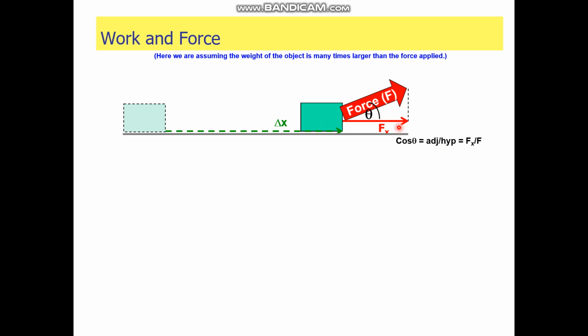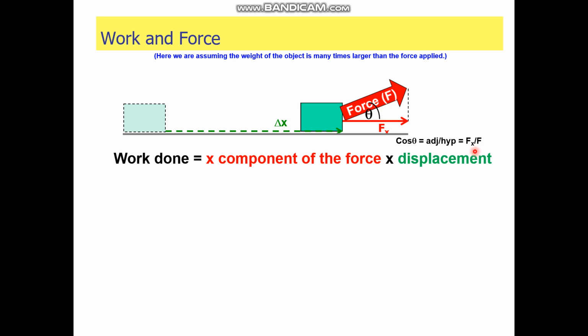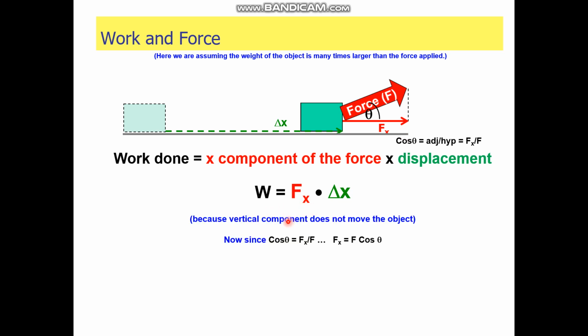Here the adjacent is Fx and the hypotenuse is the force, so cos theta is Fx over F. Our formula for work done is now the component of the force in the x direction multiplied by the displacement, which makes sense because that's the only bit of the force that's doing any work on the object. The vertical component does not move the object.